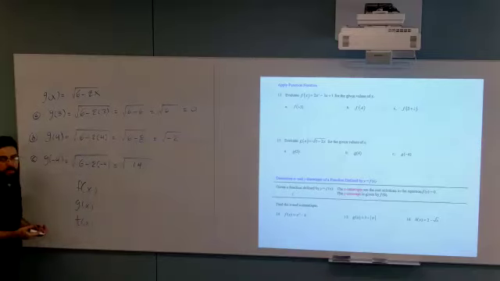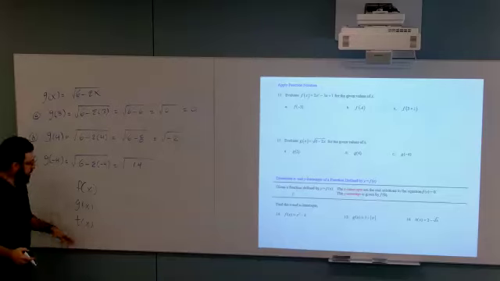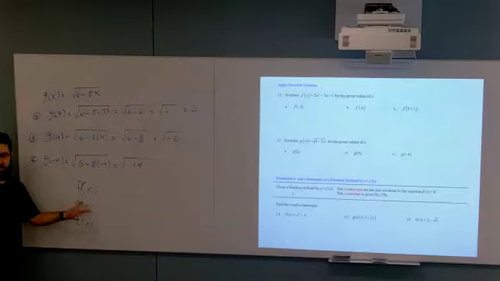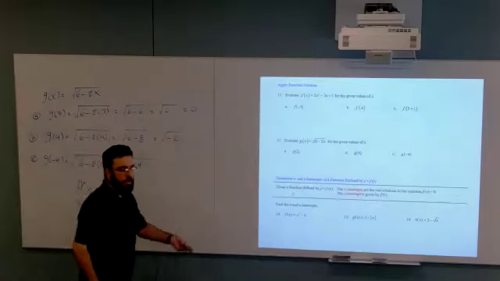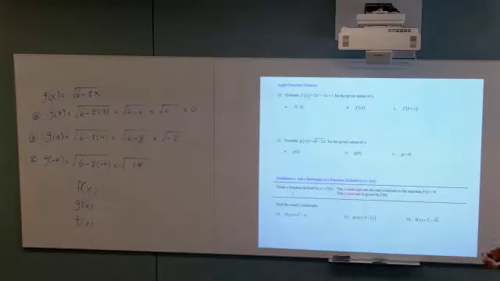It depends on what variable you're using. All these functions are with respect to x. Because now we're going to take applications with time, we use the variable t as time.